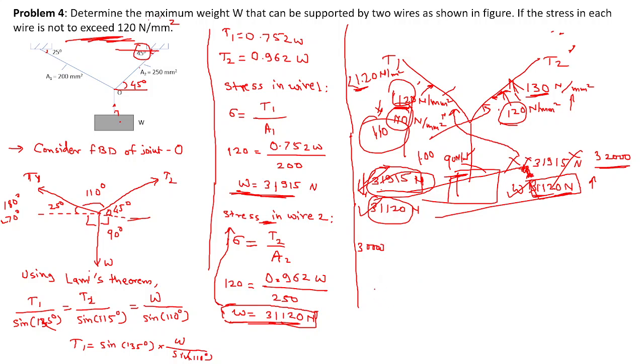So here you have to write: hence, maximum weight W is equal to the smallest value of W. It will be 31120 Newton or 31.12 kilonewton.